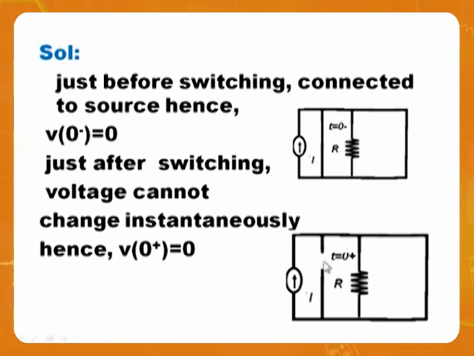Though the switch is open, the output is 0 here. So the output voltage is 0, because the capacitor cannot change its voltage instantaneously. This is about how a capacitor responds to a current source, in parallel.